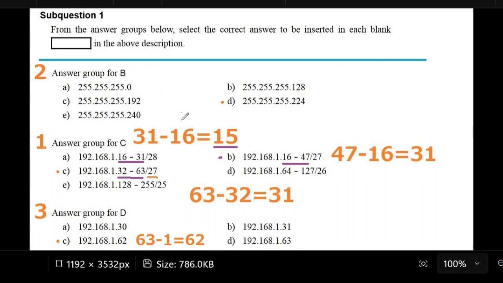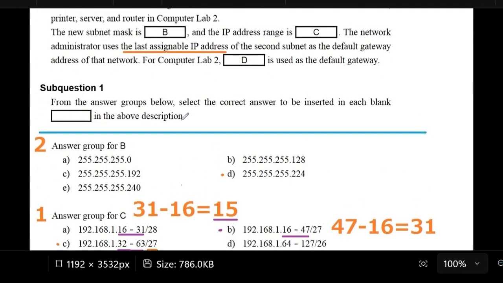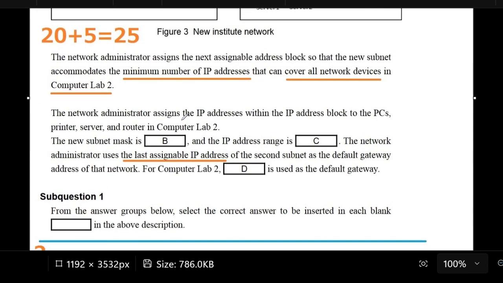Okay, if we go up to the description, we can see that we have the 3 blanks here, and we need to fill up the blanks.